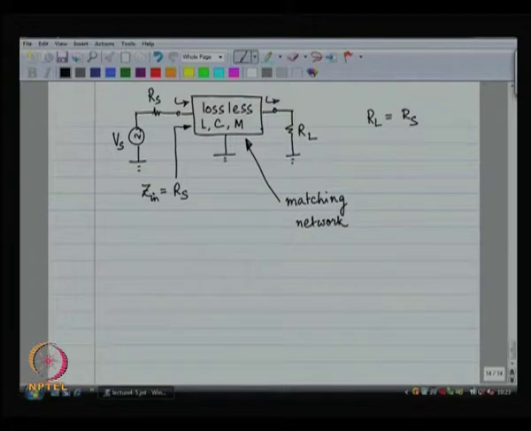Now, let us try to understand this. What if inside this lossless network I basically use a transformer, an ideal transformer? You have all studied transformers in your circuit theory courses, hopefully you have.